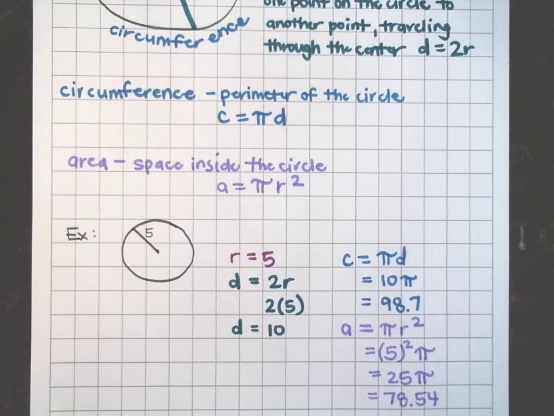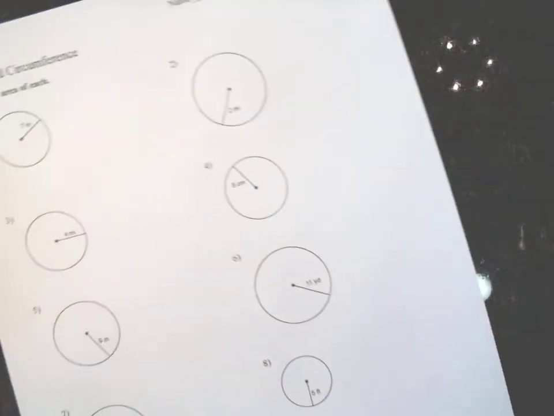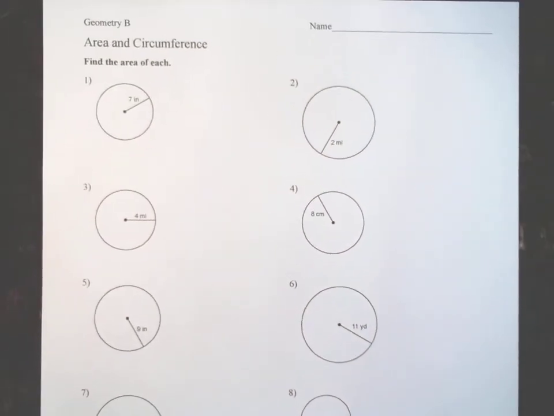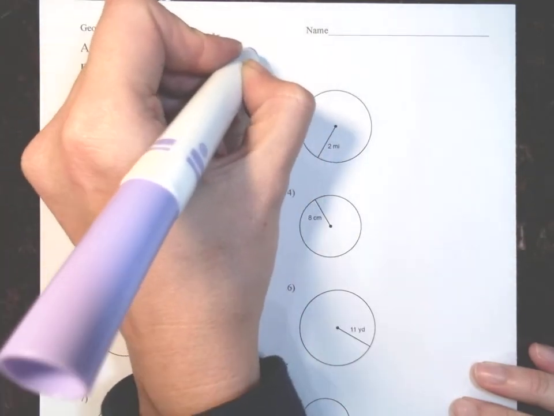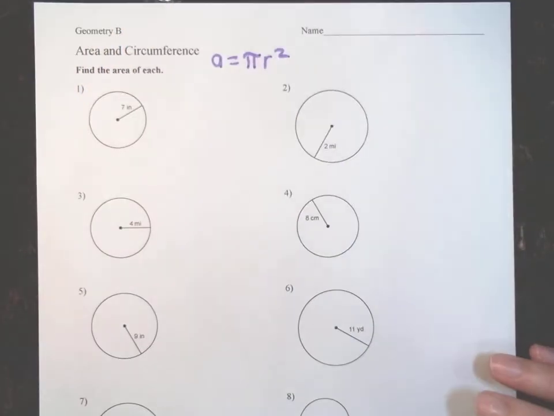Okay, let's go ahead and look at your assignment. Right, so on the first page you are finding the area, and on the second page you are finding the circumference. So remember we said that area equals pi r squared.